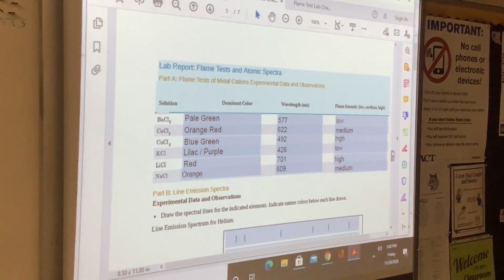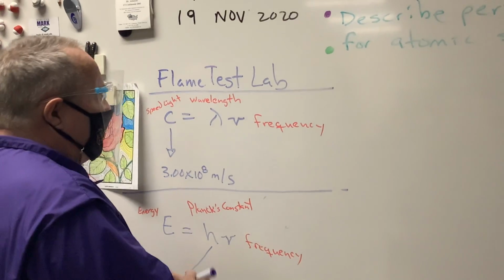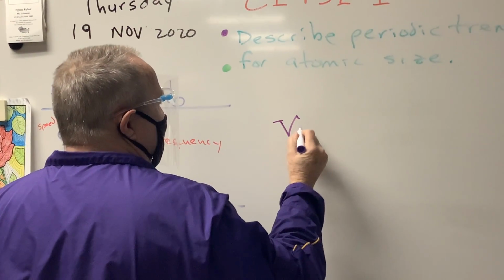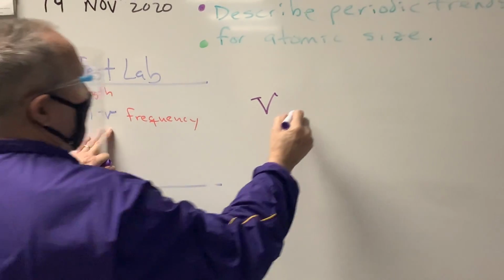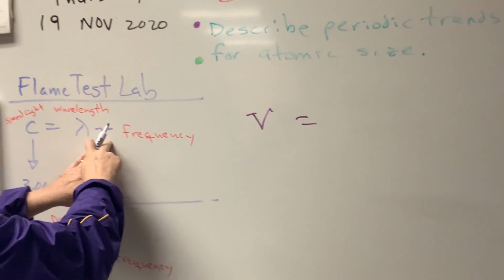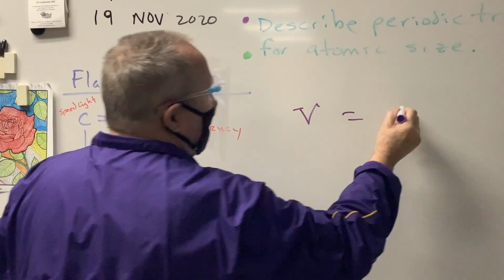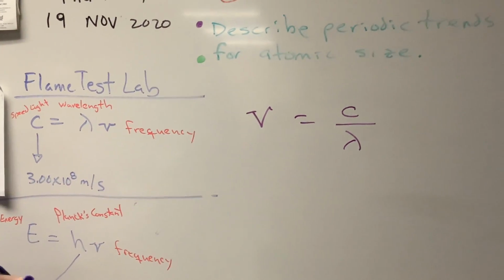If I take the 577 nanometers and solve for nu, my frequency, it's equal to the speed of light divided by the wavelength.